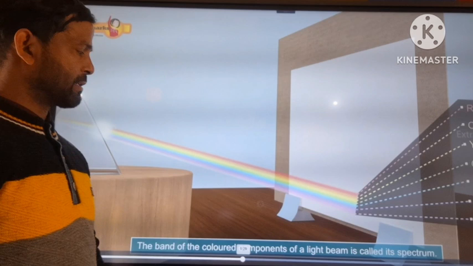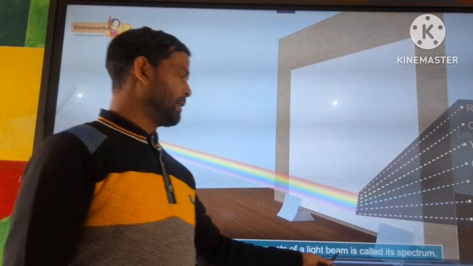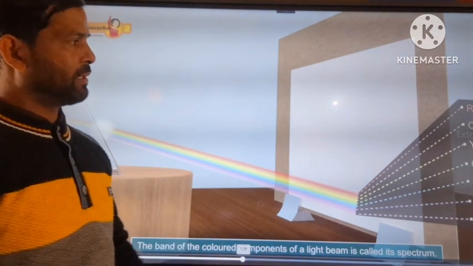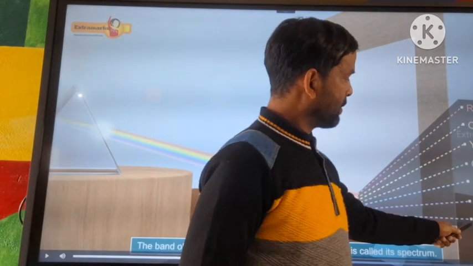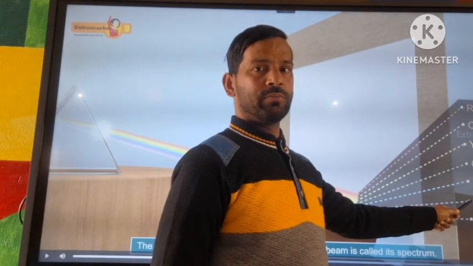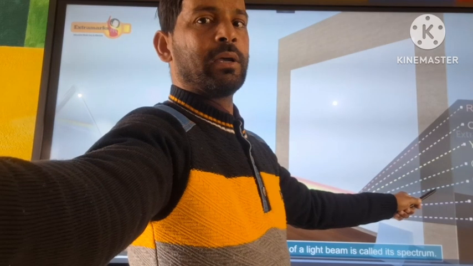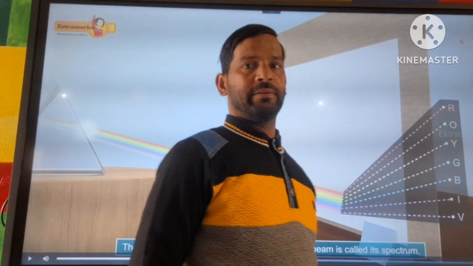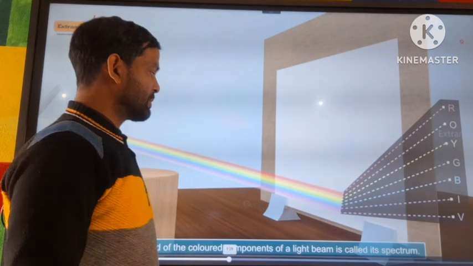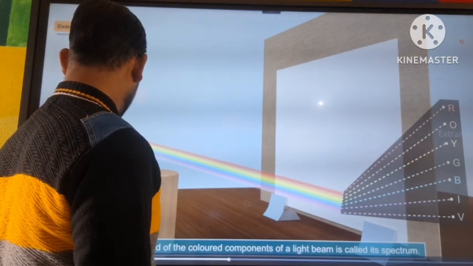The band of colors that a light beam contains is called its spectrum. This spectrum has violet, indigo, blue, green, yellow, orange, red. This is called the spectrum of light.